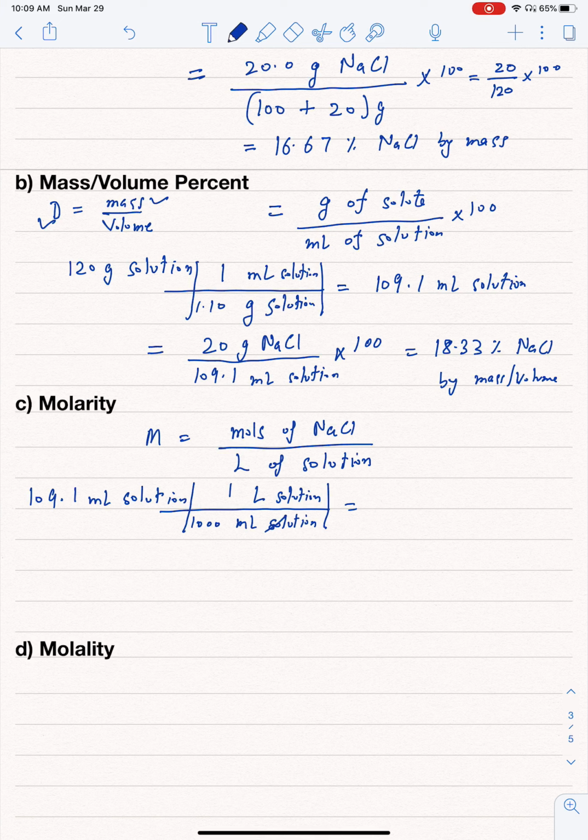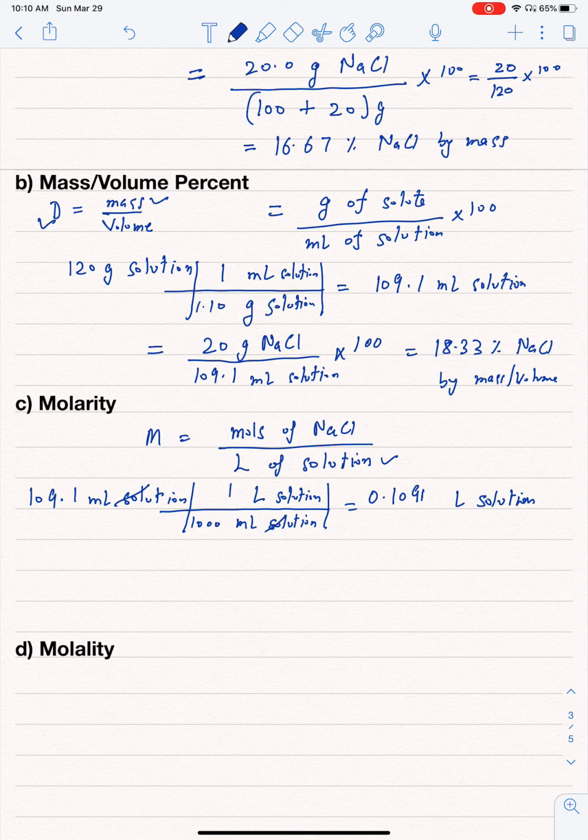So you do the math here, milliliters of solution cancels out, and at the end of the day you'll have only liters of the solution. 109.1 divided by 1,000 is going to be 0.1091 liters of solution.